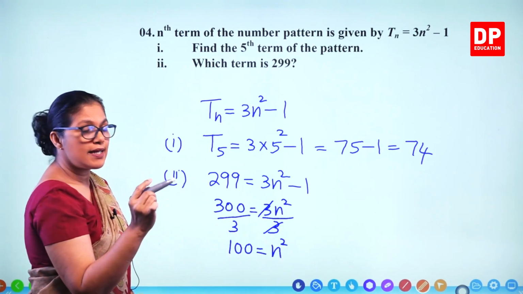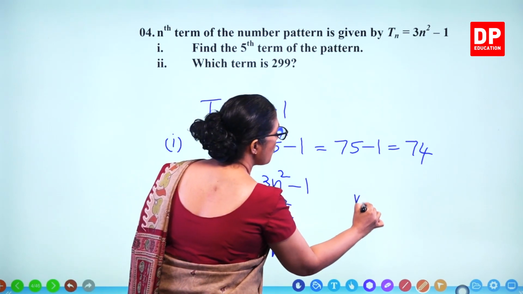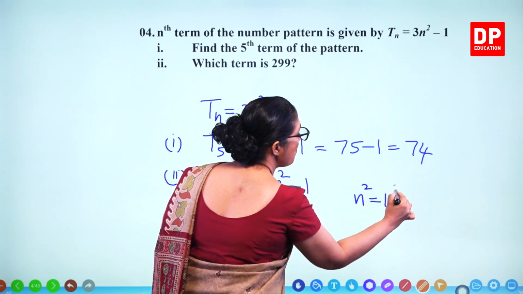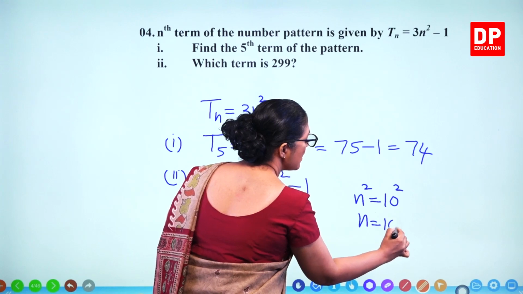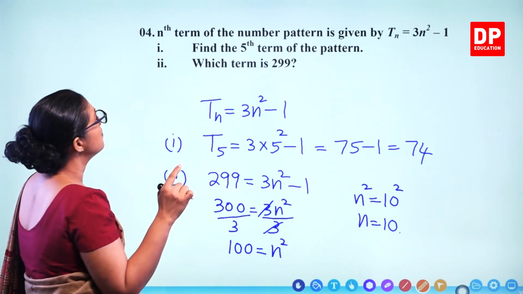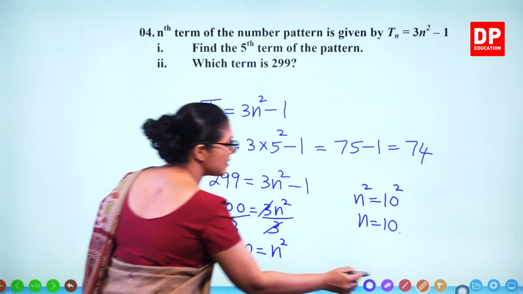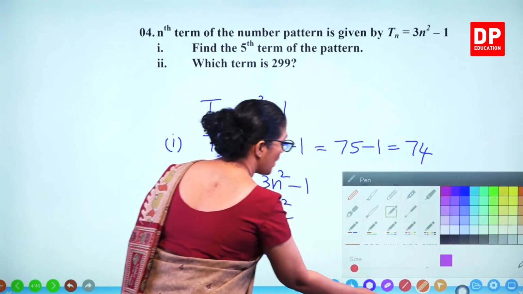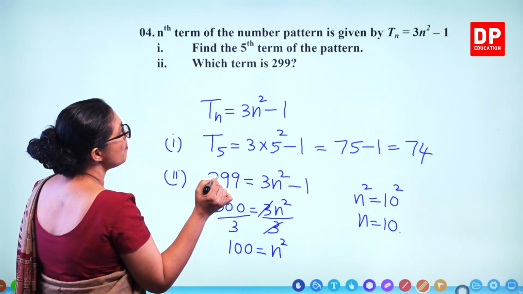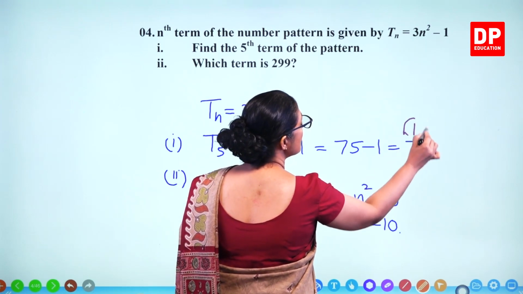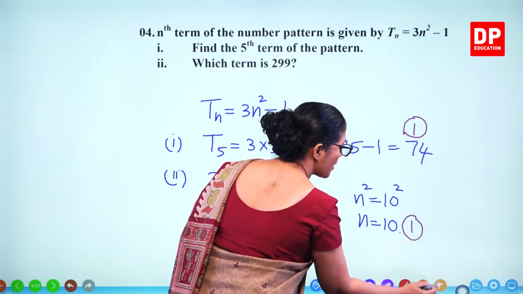So what is n? Take the square root. n squared is 10 squared, same power, so n becomes 10. So the 10th term is 299. So you get 2 marks: 1 mark for this and 1 mark for the second part.